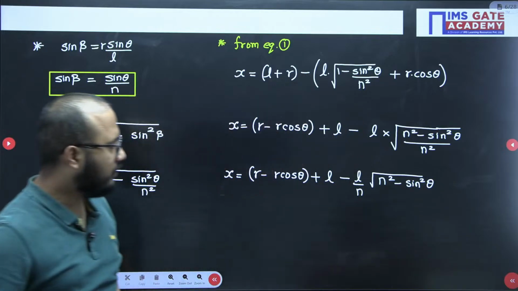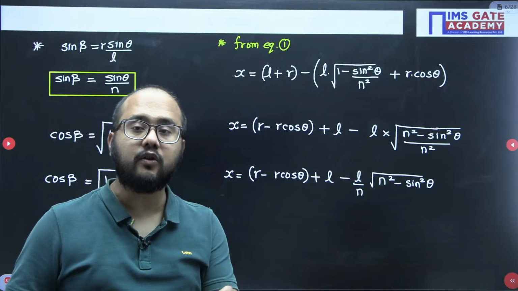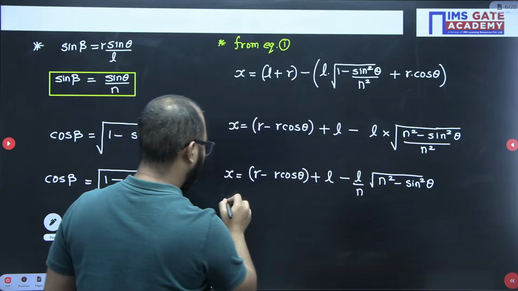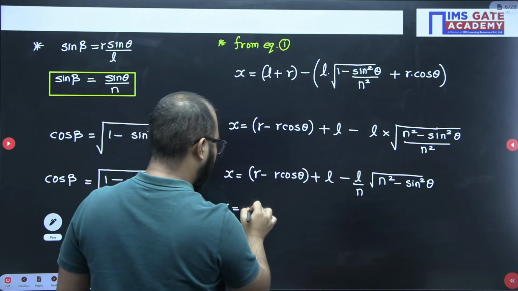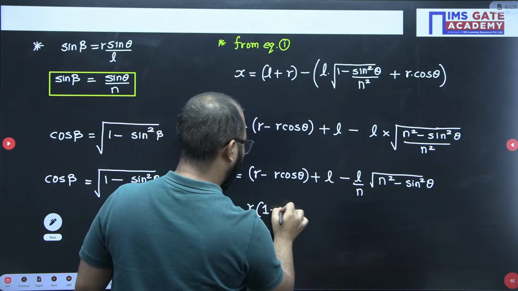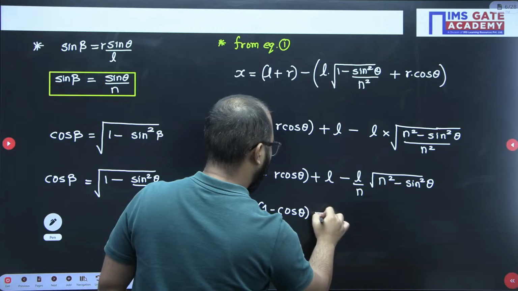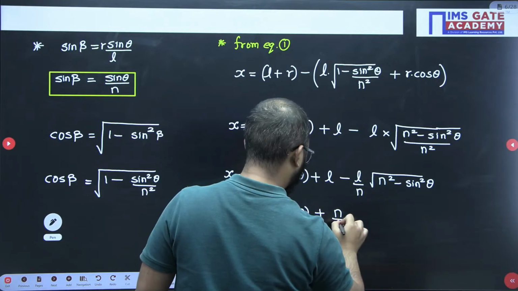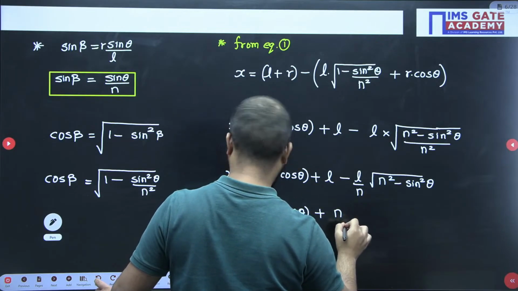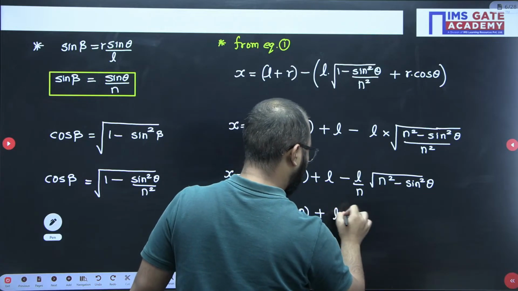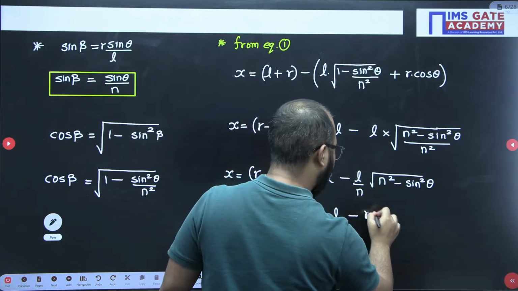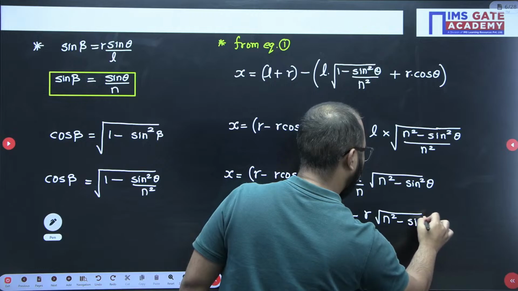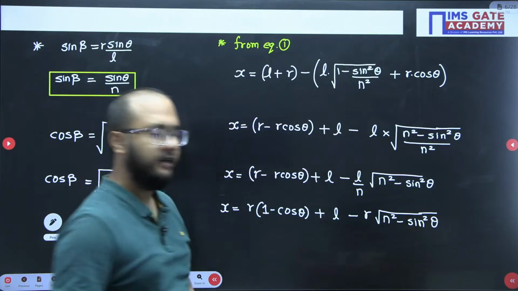Now, as n equals L by r, this L by n becomes r only. If I take r common here, it will become 1 minus cos theta plus L by n, which becomes r, and here it is n square minus sine square theta.